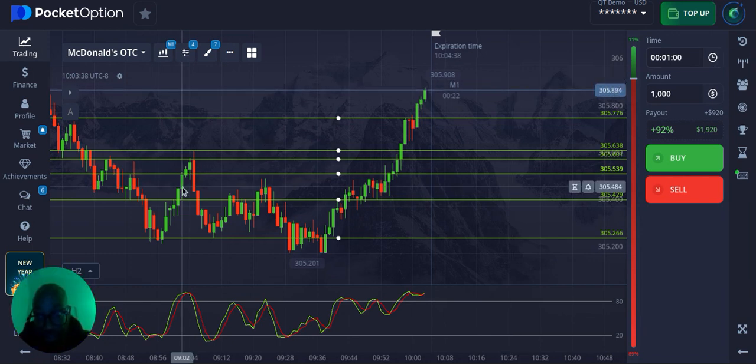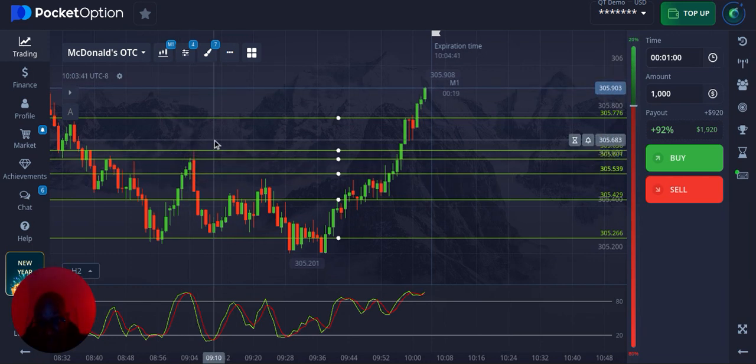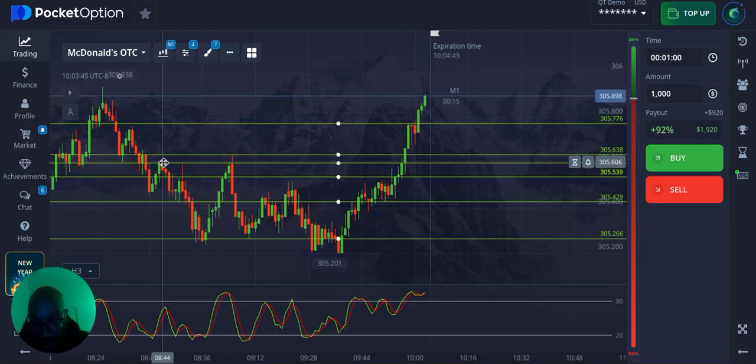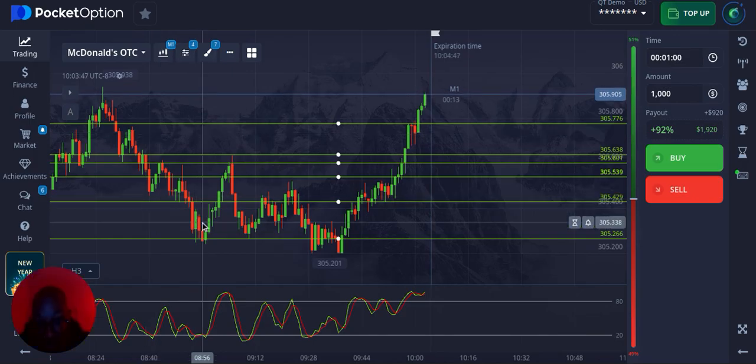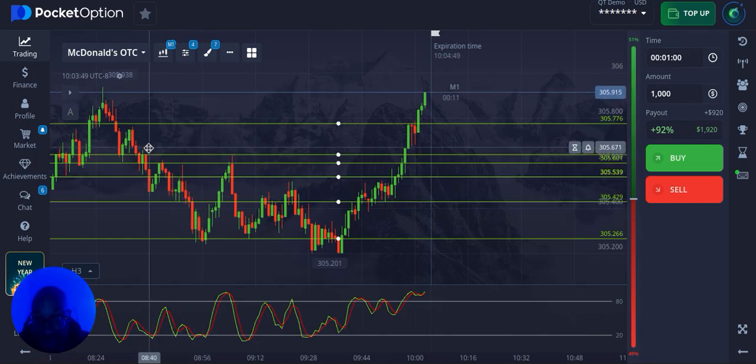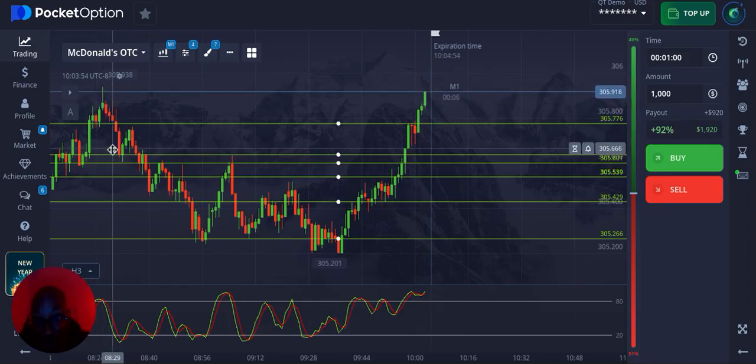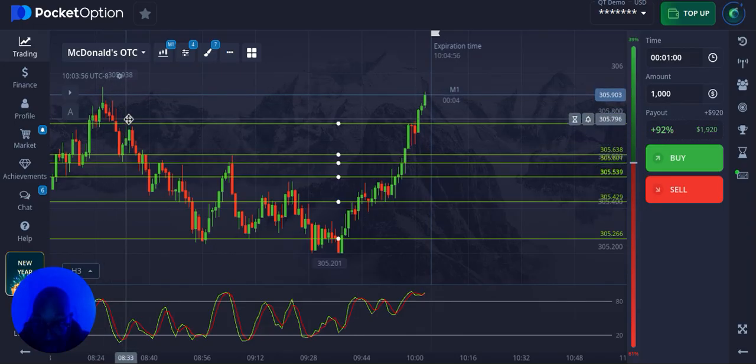So as far as identifying reversals, we're using these levels with these engulfing candlesticks to see where price is going to come one way and reverse the other way.